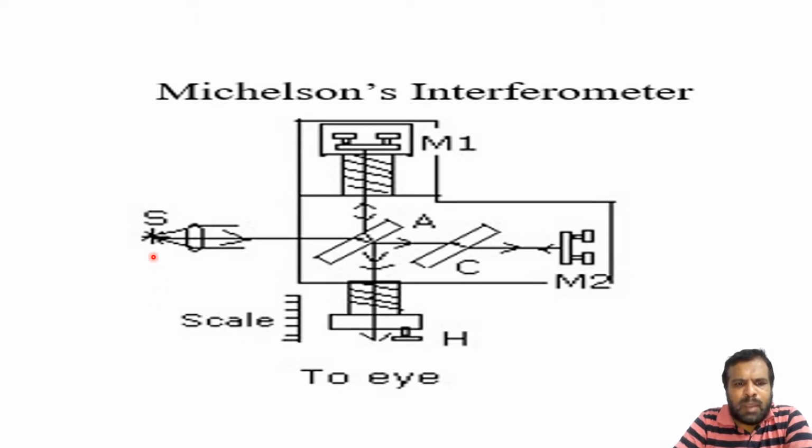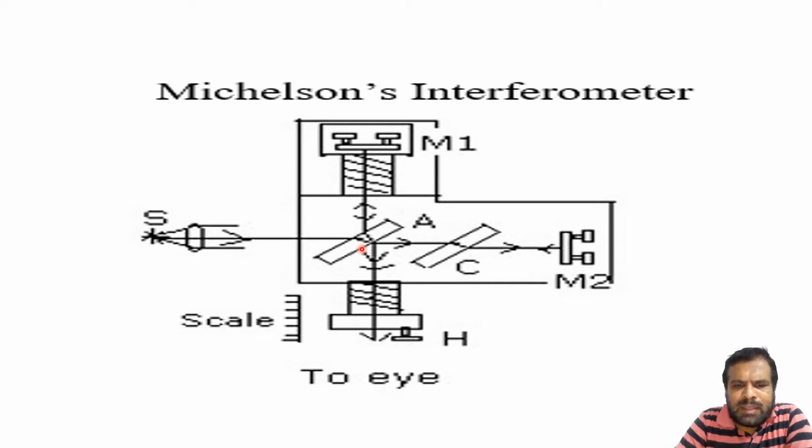Light from a monochromatic source is rendered parallel by the convex lens L and made to fall on the glass plate A, which is held at an angle of 45 degrees to the incident light.